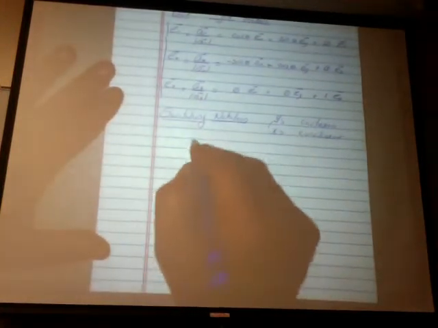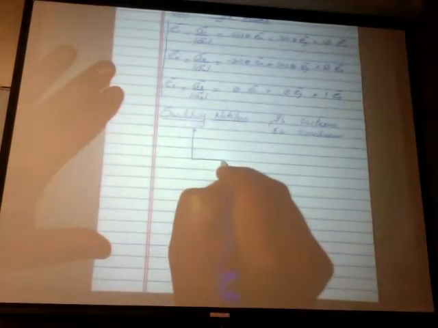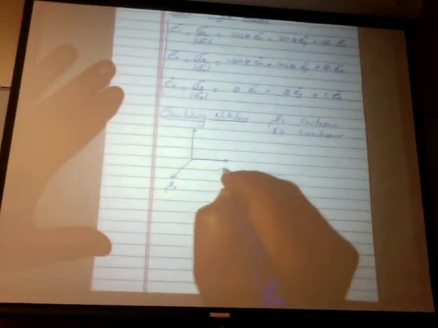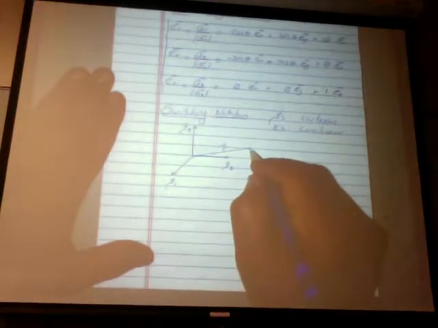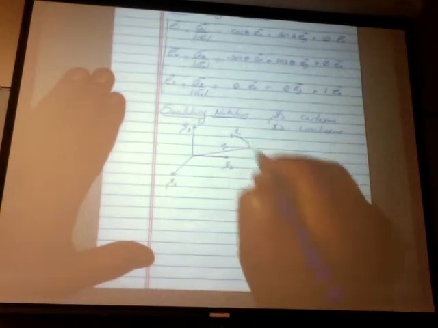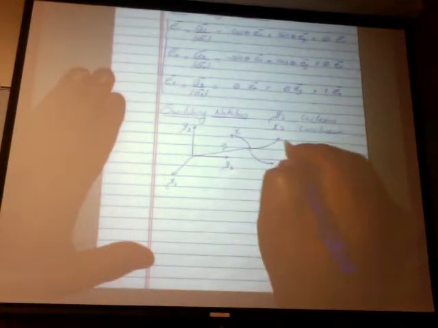So basically we're going to be switching from a system where this is y1, y2, y3, that's the Cartesian system. This is the position vector r, not the radial direction, just the position vector. And we're going to be moving to a system that looks like x1, x2, and x3. A generalized curvilinear system.